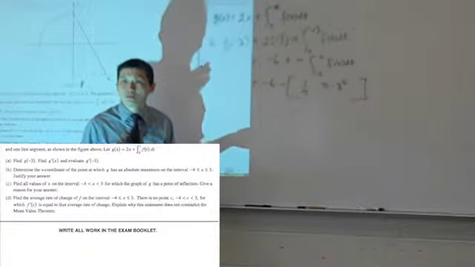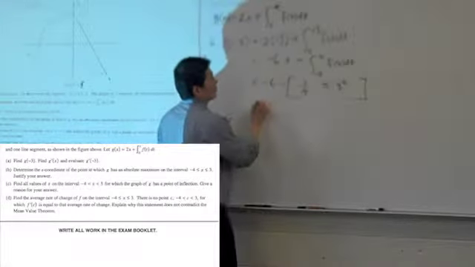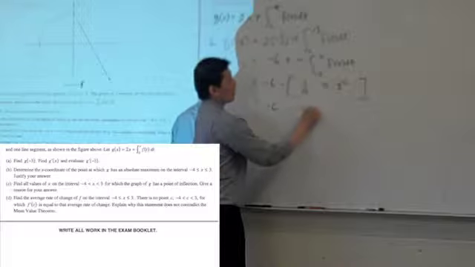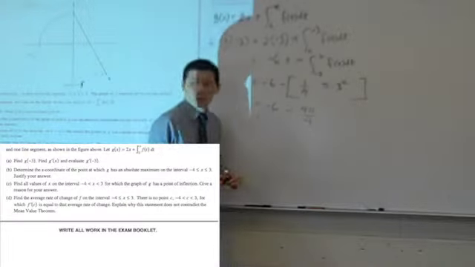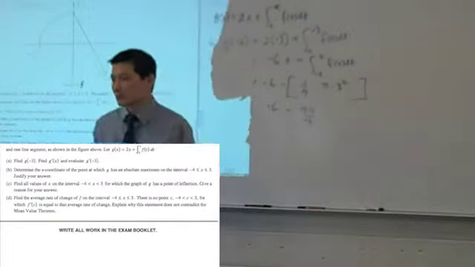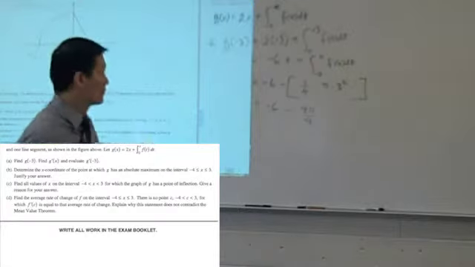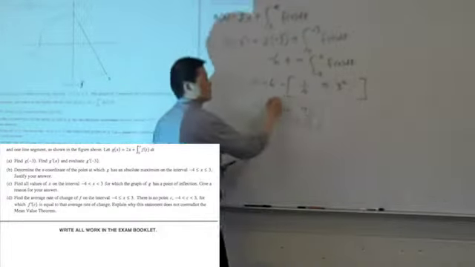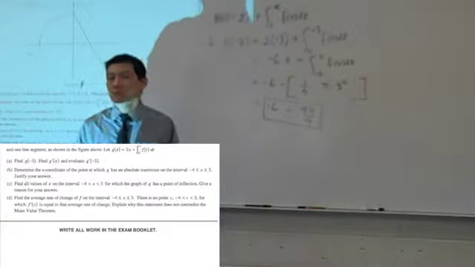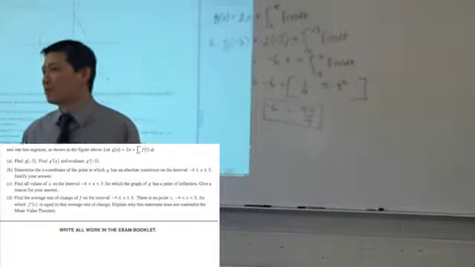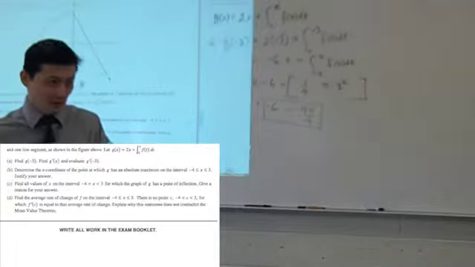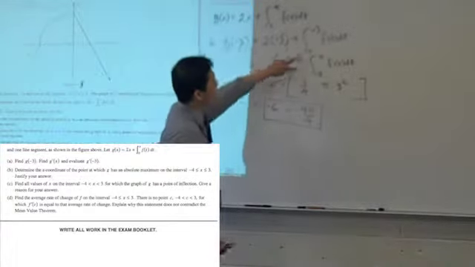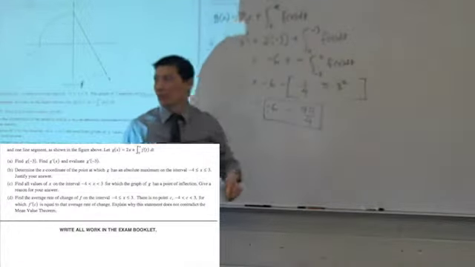So far so good? You follow? So we get -6 minus 9 pi over 4. And that's the answer. Many of you have plus 9 pi over 4, right? That's because you forgot to flip the boundary.